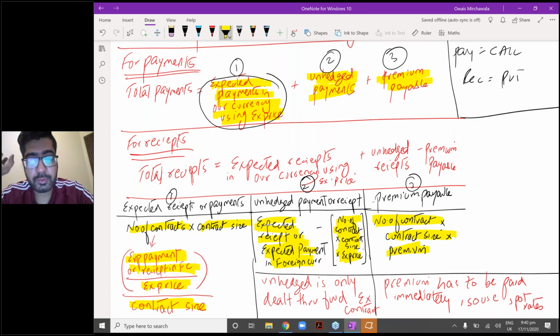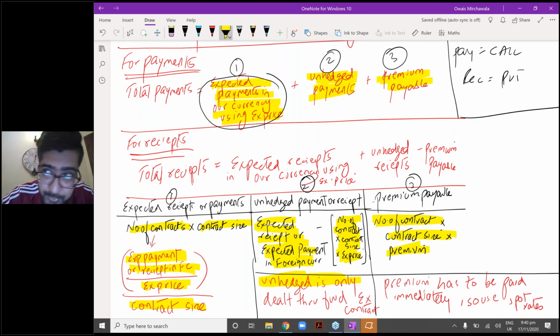Now remember two further rules. Whatever unhedged amount is left, there is no technique which deals with this unhedged leftover amount, because options are standardized, they won't hedge that small petty amount. Futures are also standardized, they won't hedge this small petty amount.